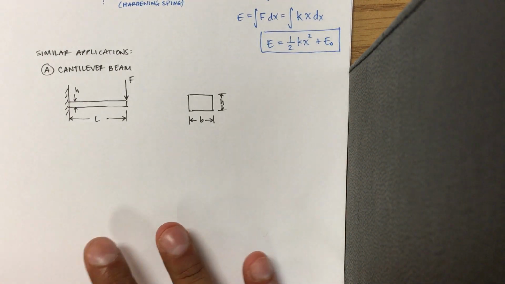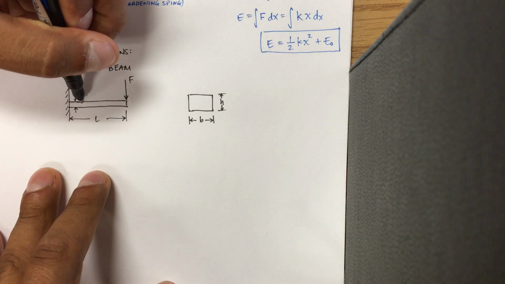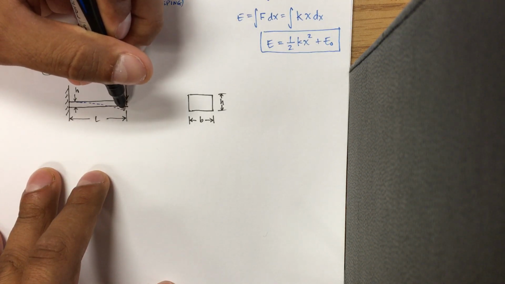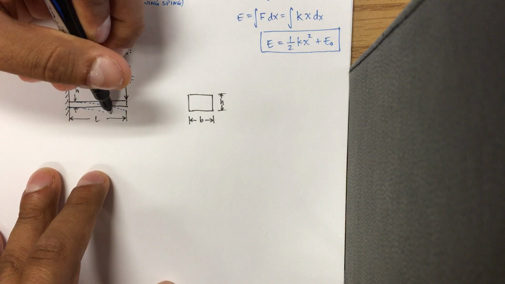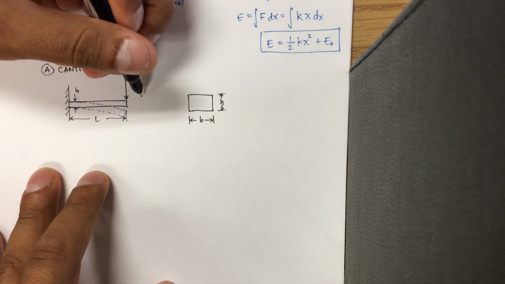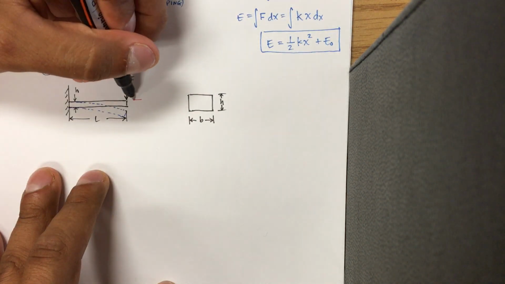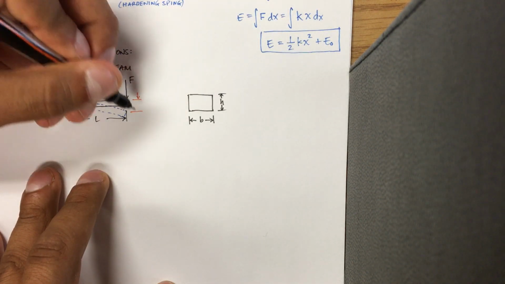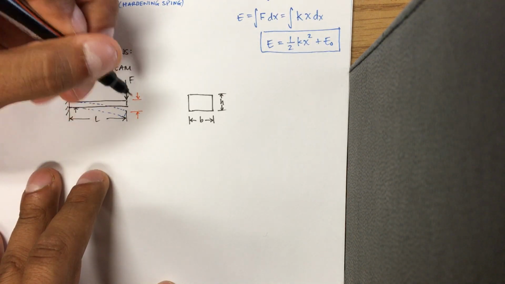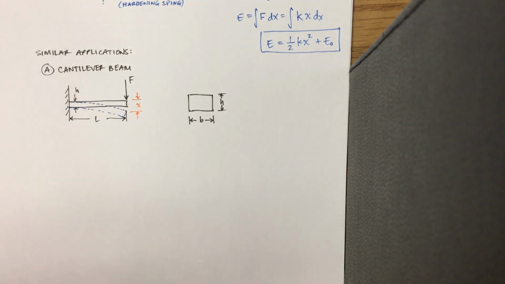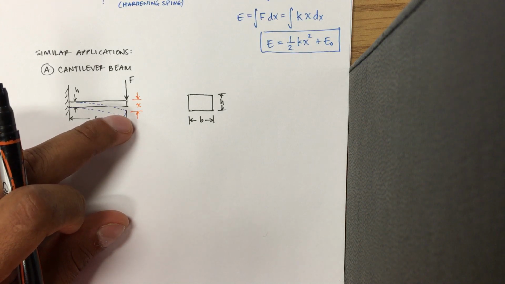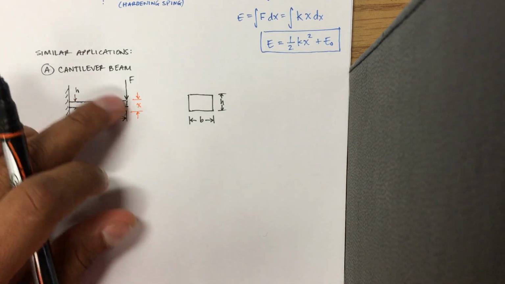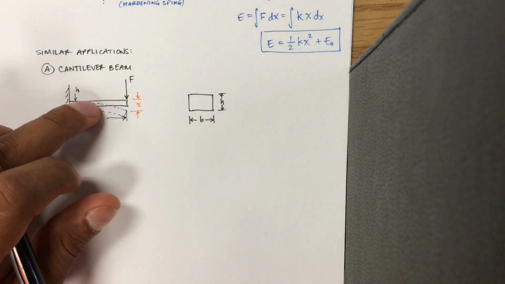By applying this force at the tip, we can characterize the deflection. This is obviously exaggerated, but just to show that the deflection of the beam is given by some distance x. Maybe you're familiar with using the term delta to characterize that displacement. But nonetheless, we have a way to relate the displacement to what this force is doing, which is causing some bending moment on the beam.